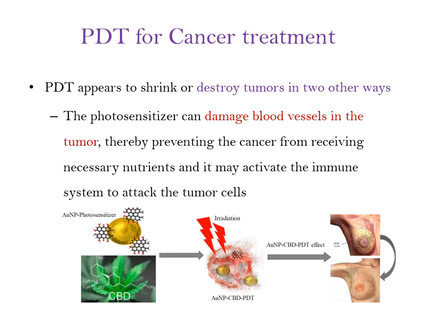In addition to directly killing the cancer cells, photodynamic therapy appears to shrink or destroy tumors mainly in two ways. One, the photosynthesizer can damage the blood vessels in the tumor directly, thereby preventing the cancer from receiving necessary nutrients. The other, photodynamic therapy may also activate the immune system to attack the tumor cells.